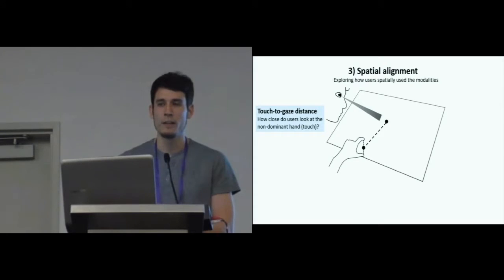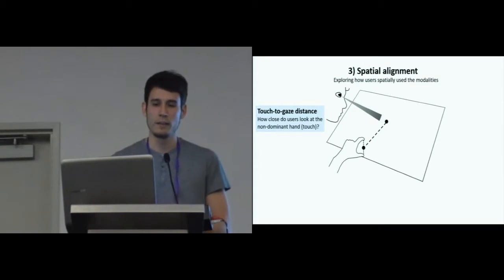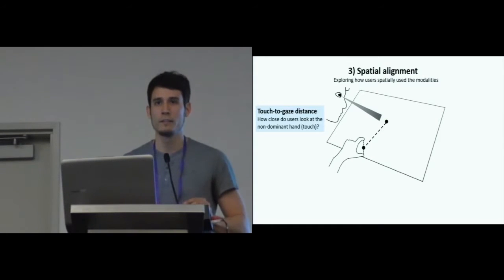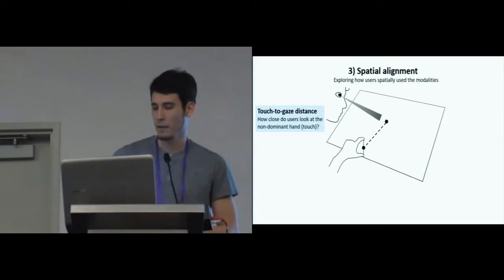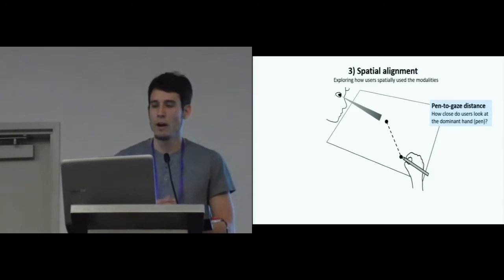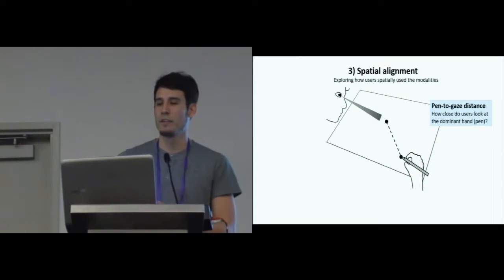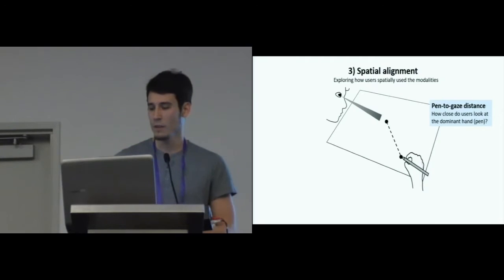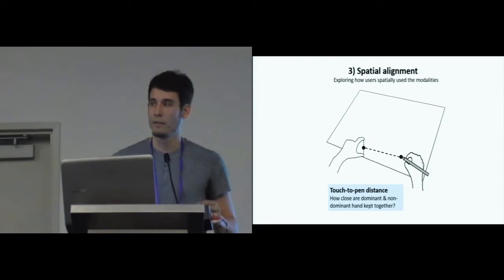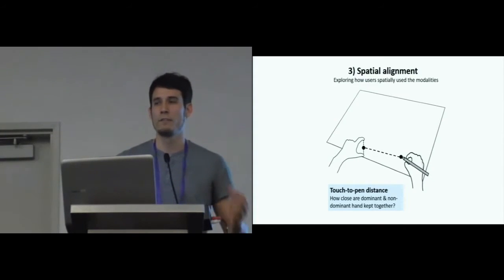And the non-dominant hand was used for touch interaction, so we could just take a look at the touch to gaze distance during the tasks. And then we wanted to know how close was the user's visual attention to the pen, and the pen indicates where the dominant hand was. And at last, we looked at the difference between the non-dominant hand and the dominant hand. So did users keep both of the hands relatively close to each other, or rather further apart?